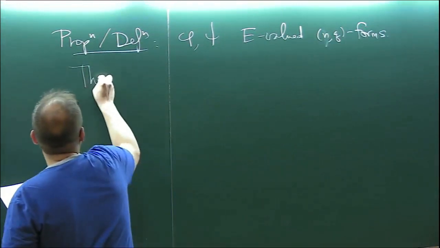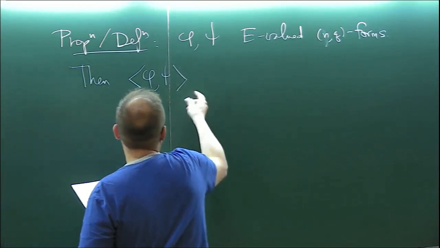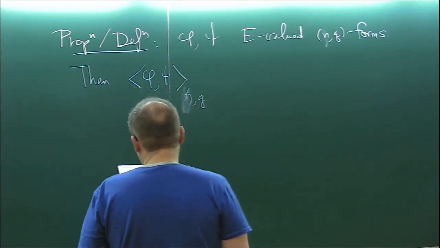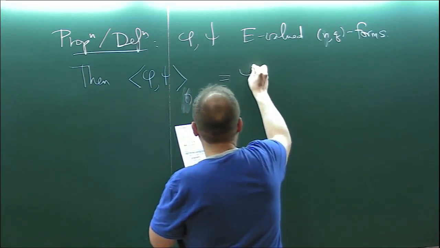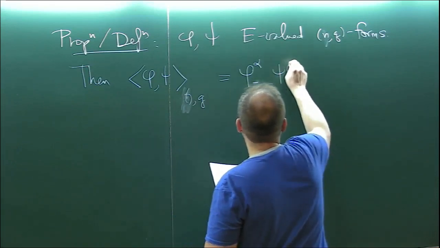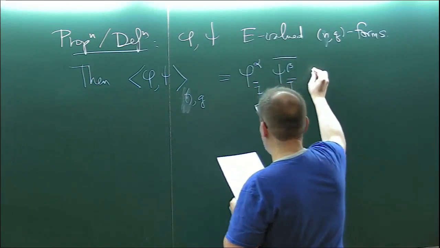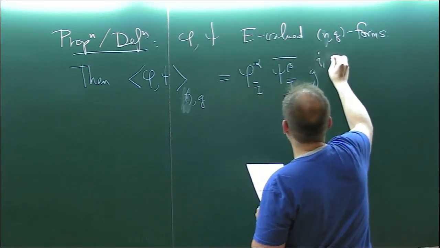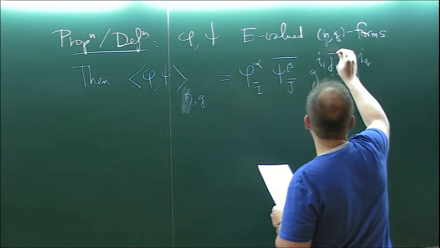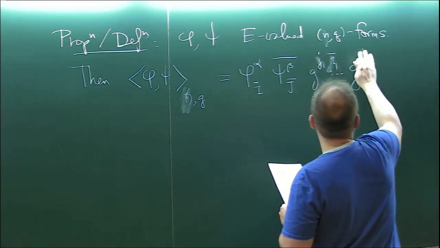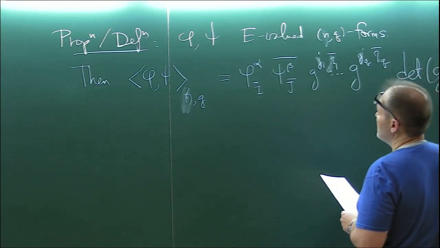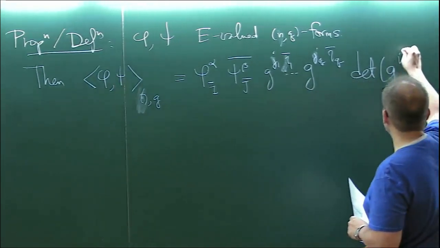Then the quantity (phi, psi), and sometimes I'll put in brackets the metrics h and g, will be phi alpha I bar times psi beta J bar conjugate, and then here I'll put g i1 j1 bar, g dot dot dot g iq jq bar, and then the determinant of the matrix g i j bar.